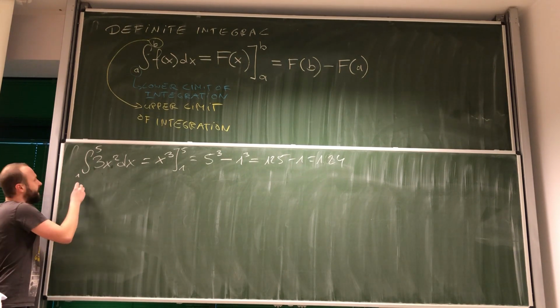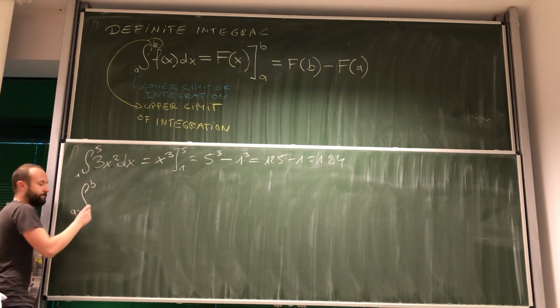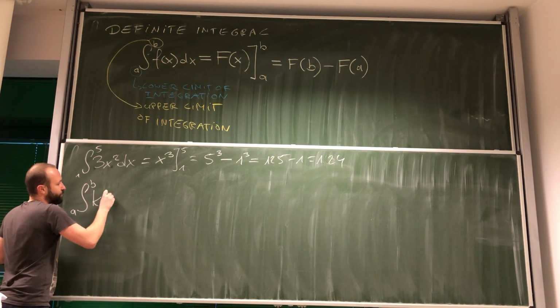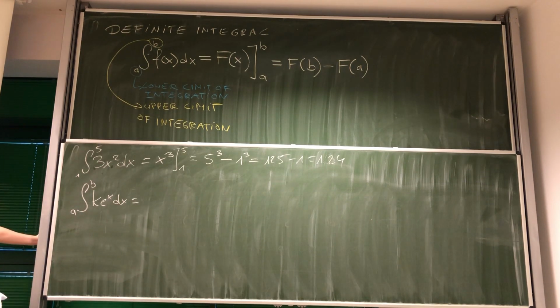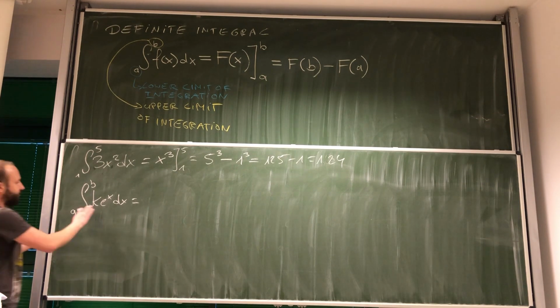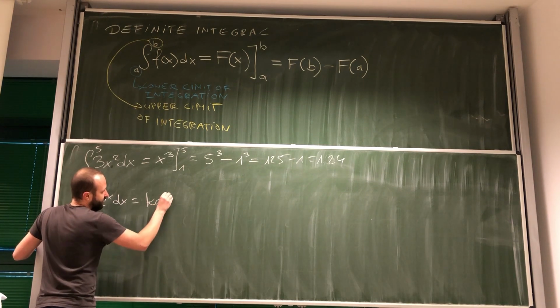Okay, so let's get to the next case. Now we have integral from a to b, k e to the power of x dx, where of course k is a constant. So what is going to be the indefinite integral of k times e to the power of x? This is of course k e to the power of x.